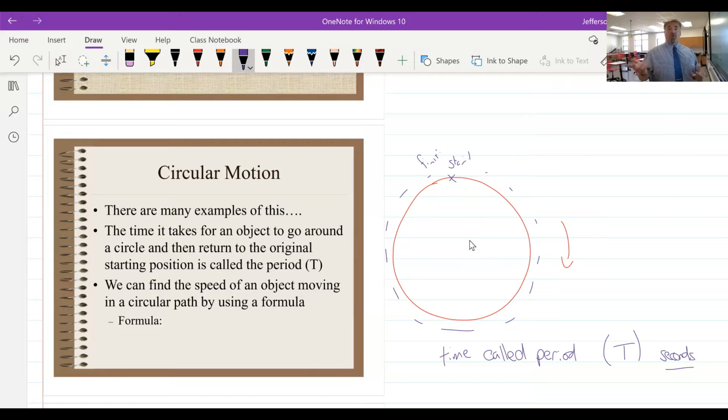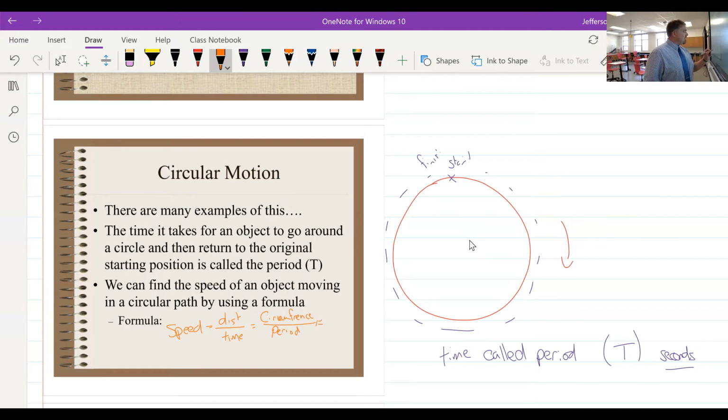And if we know that, we're now going to be able to find the speed of that object, because remember, speed is just the distance divided by the time. If you're going to go around a circular object once, that distance has its own special name called circumference, and we'll divide it by the period.